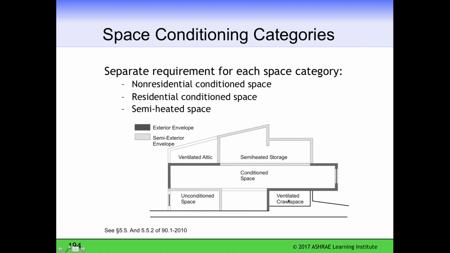For ventilated crawl space, it's effectively outside. For ventilated attic, it's effectively outside. So you have all of these different conditions as part of the requirements. So if you have a complicated building design presented to you by your architect, you can use these categories to determine what the requirements are.